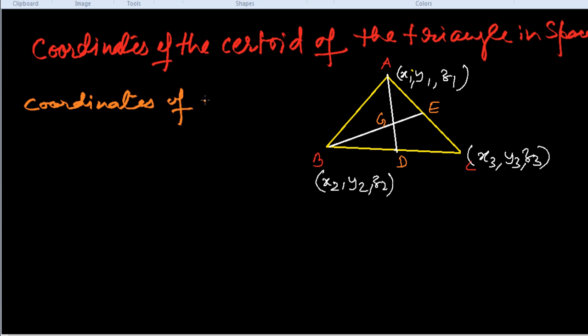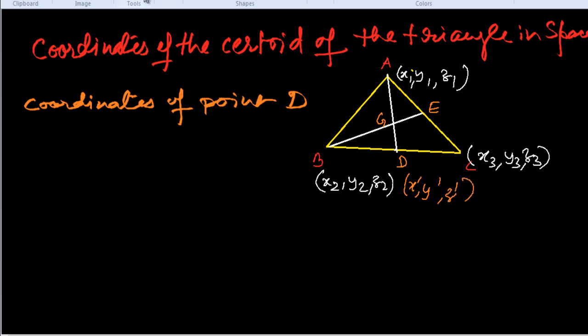Coordinates of point D, by the midpoint formula we could easily find it out. So we know that the coordinates of point D are x dash, y dash, z dash.